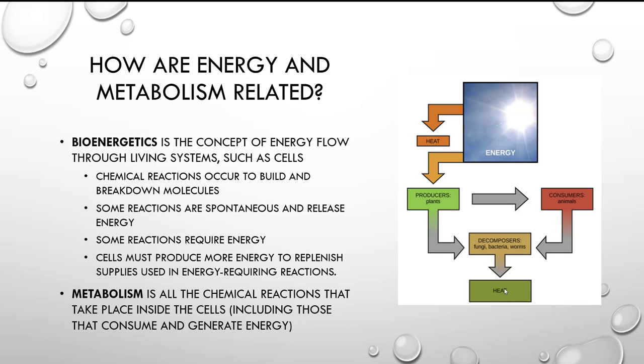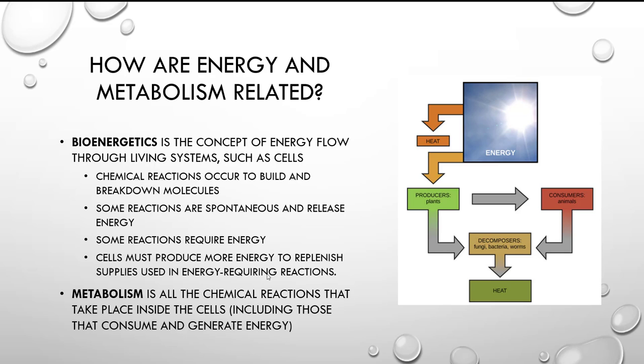And so in order for our cells to perform all of these chemical reactions, we need to produce more energy to replenish the energy requiring reactions. So we have to basically have a constant supply of energy to power our cellular needs. Okay, so that's why we constantly need to replenish our energy supplies by eating three meals a day plus snacks or whatever, because we're constantly needing energy to replenish the energy that we have depleted and that has been released as heat. Okay?